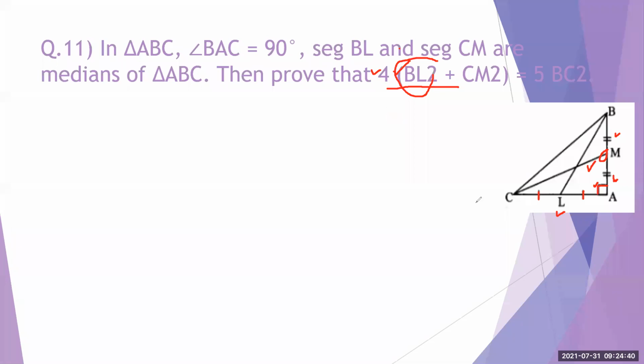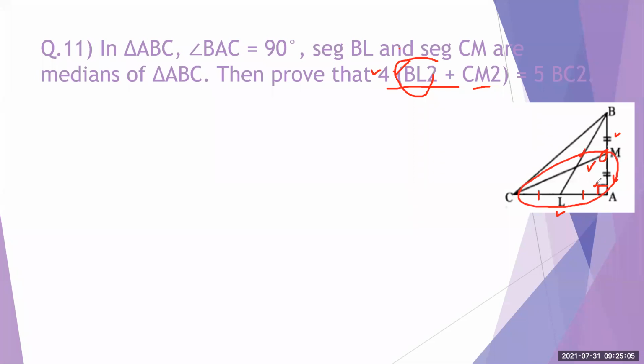Okay, so from this triangle, that is from triangle ABL, we will get the value of BL. Value of BL means not in numbers, क्योंकि हमारे पास numbers है ही नहीं. Only we will get BL square is equal to AB square plus AL square. Next, what we required? We required CM square. So from where we'll get CM square? From this triangle, we will get CM square, right?